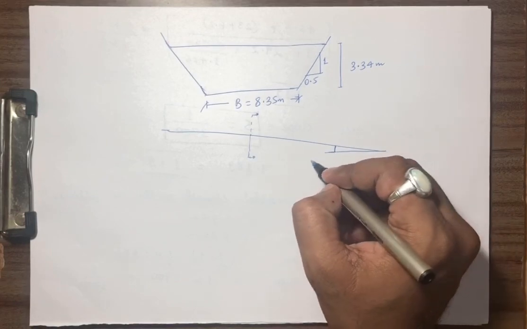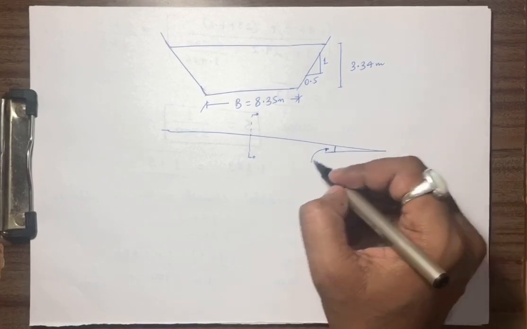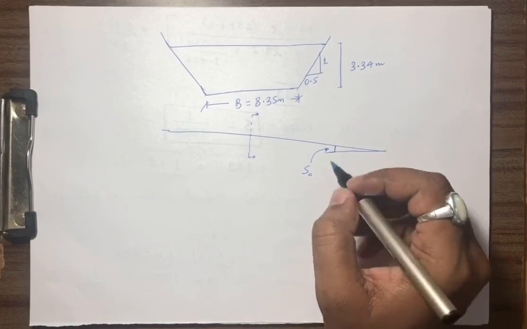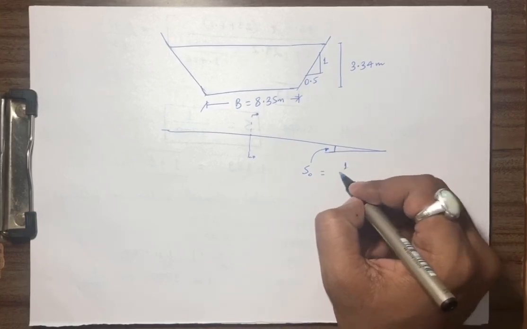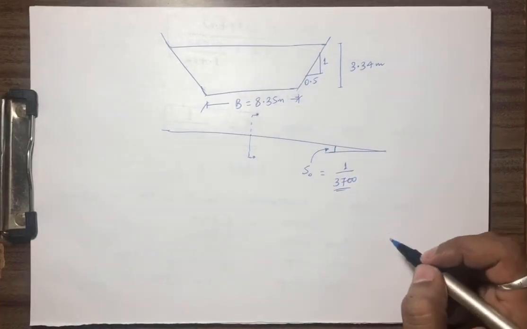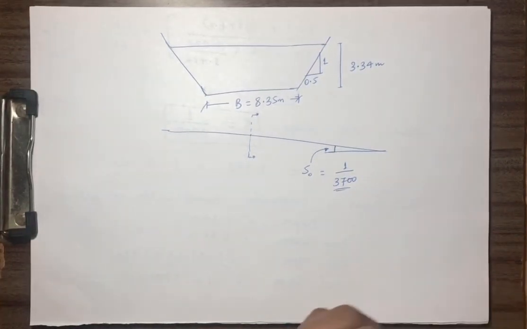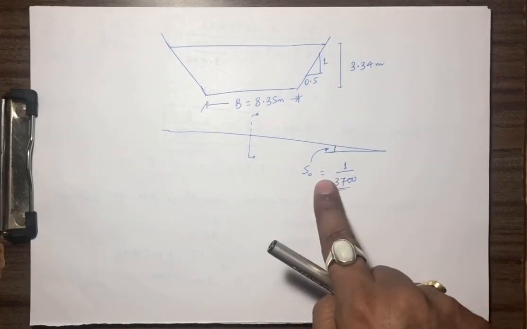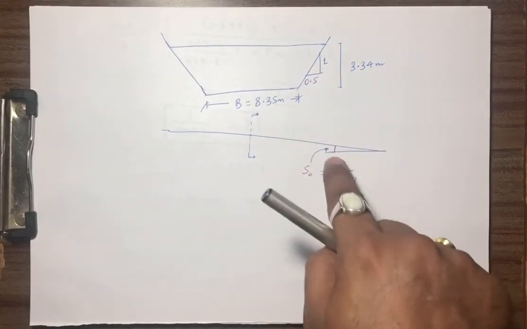To get help from gravity, we are providing this slope S or S0. In this case it is 1 in 3000. So you can see it is very small, because water only needs a very small push to flow. So this is bed slope, this is side slope, so don't confuse them.